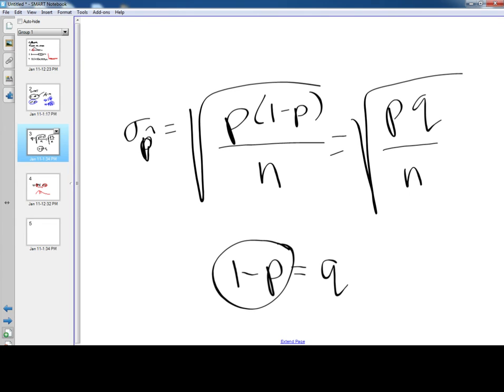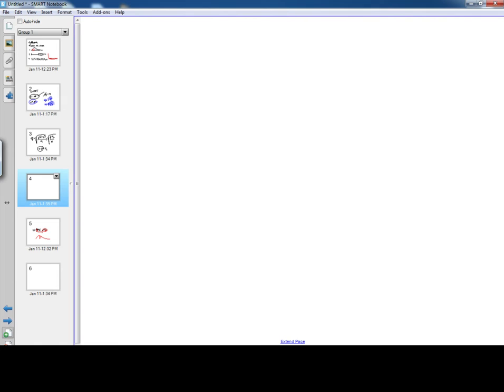How do we check to see if it's within the 10%? That's what we're going to do next. It says check to see if the 10% condition is met. This is independence. To check for independence, I have to make sure that the population is greater than or equal to 10 times the sample size.